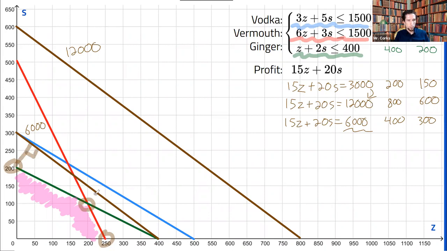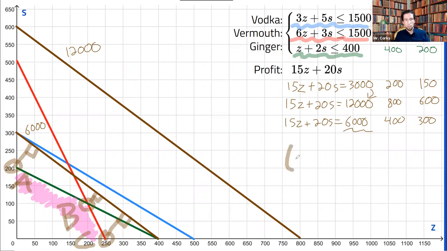So we draw three perpendicular lines and we ask ourselves, which of these three is shortest? If we say point A, point B, and point C, in this case it's pretty clear it's going to be point B. That's the shortest one. So that is where the solution is.